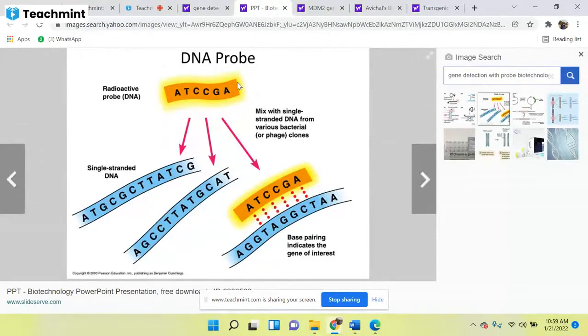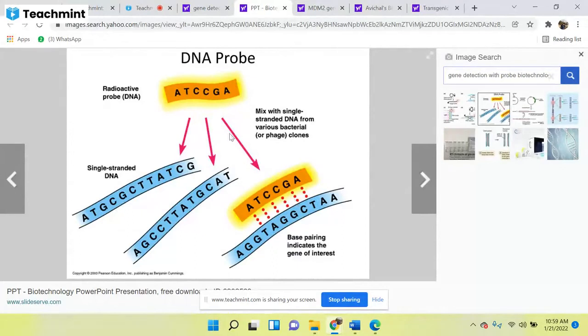We will perform certain procedures using which we can perforate the tissue. After that, we will allow this probe to bind. If the probe finds this particular sequence, it will get attached. And if the sequence is not there in that tissue, then obviously it will not adhere. It will not bind with the base pairing mechanism.